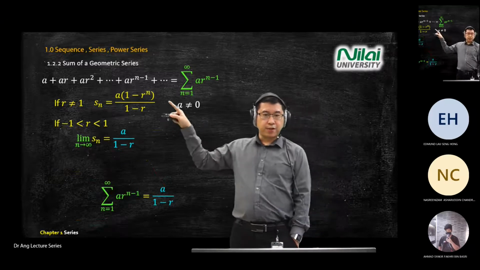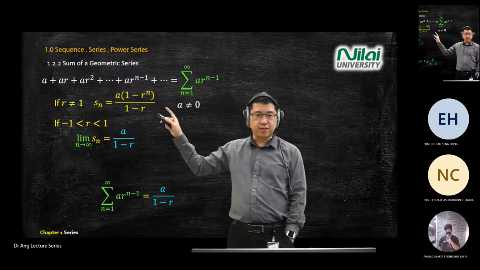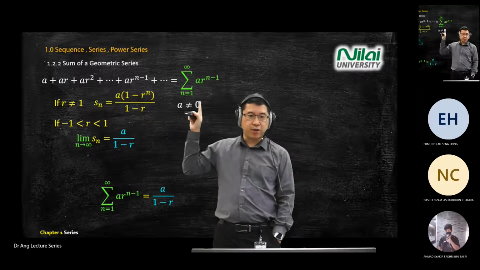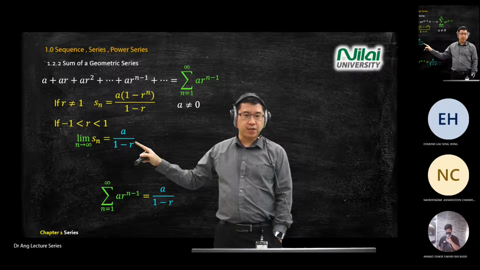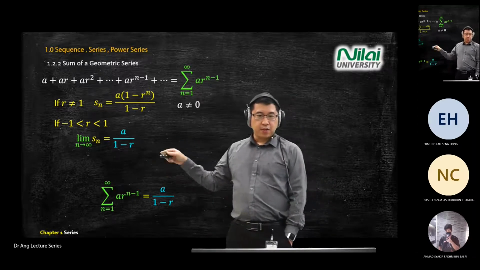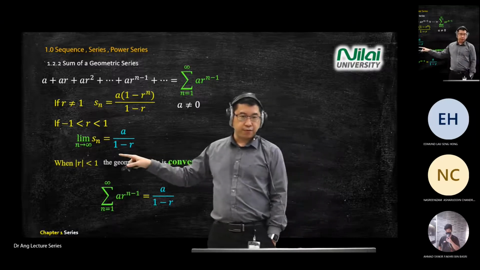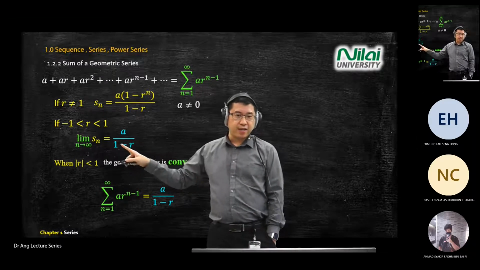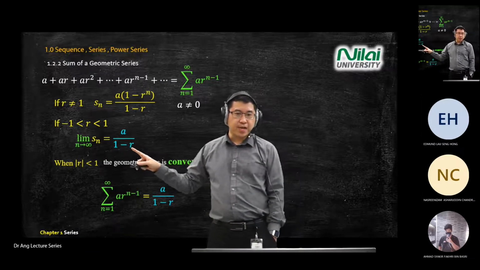When your r is not equal to 1, you can use the first equation. When you know your r value is between 1 and negative 1, you can use this equation to calculate. You can write the equation if you control your r. You know that your denominator cannot be 0, so your r value must be smaller than 1.